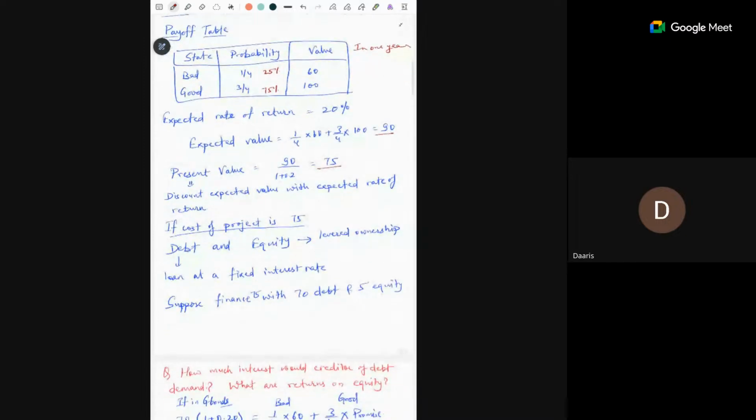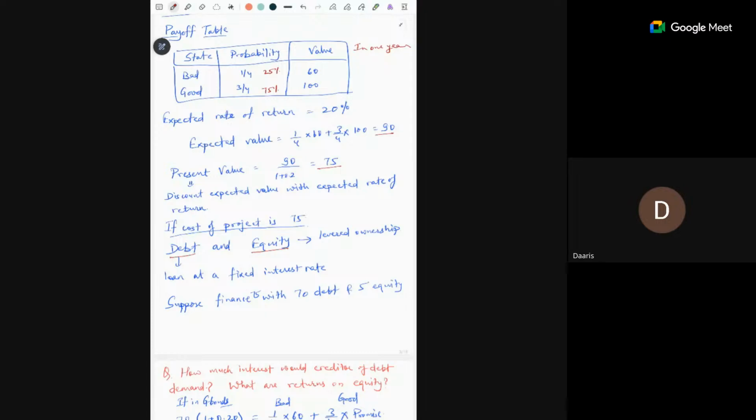Debt is a type of loan, like you take a loan from a bank or any other financial institution. Another is equity, where you give ownership rights to the individual who is giving you the money. Equity is equivalent to the shares or stocks of companies.